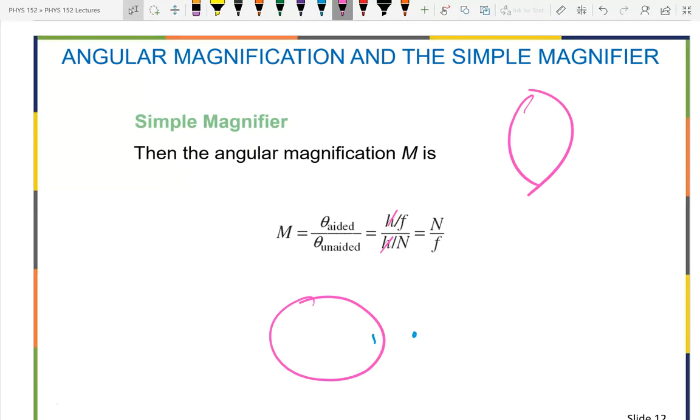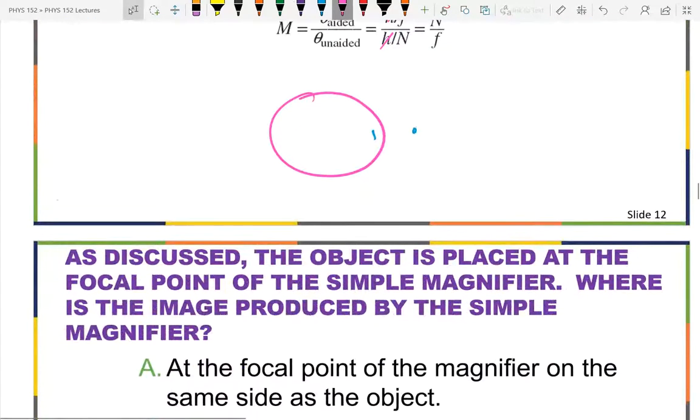Where did I want the object for maximum angular size? I want it as close as I can get it and still focus on it, so at the near point. So for maximum magnification, I would want to move my object closer so it makes an image at the near point. So we're going to look at that next.